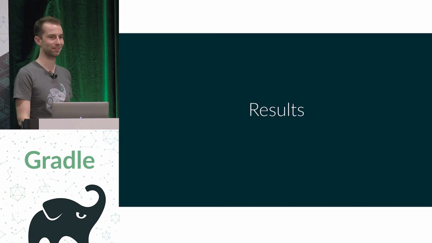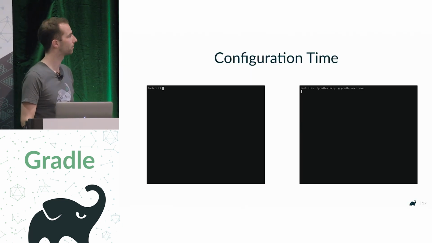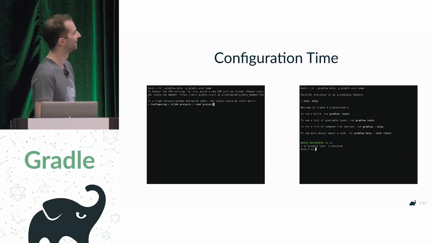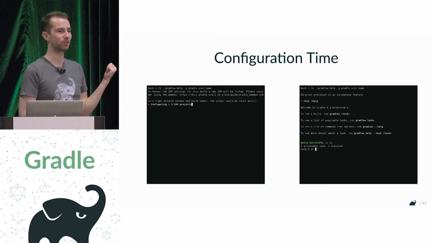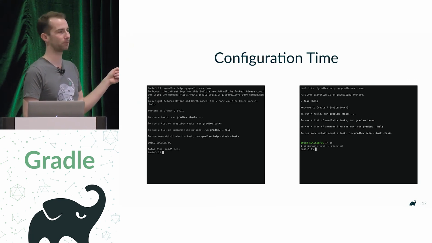So let's look at the results. Let's look at before and after for this project, after applying all those best practices. Configuration time. We're done. On the left side, you can see we're starting a new Gradle daemon because this was Gradle 2.14.1, and the daemon wasn't the default. So this is the experience that people have that are still not using the daemon.